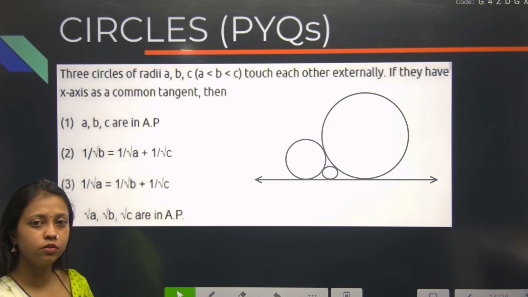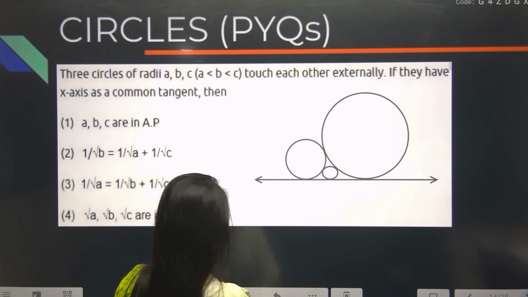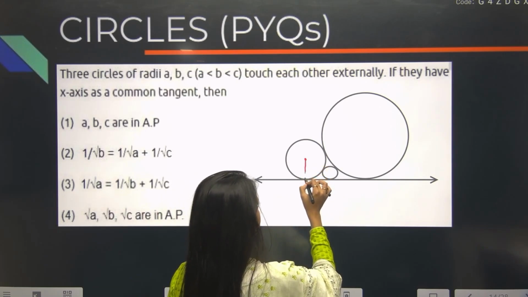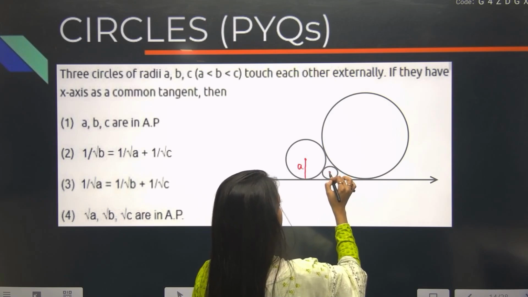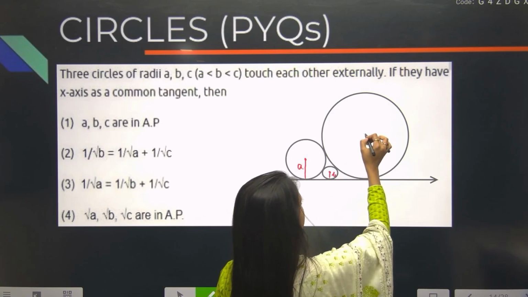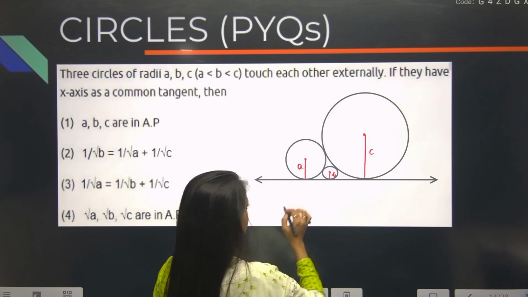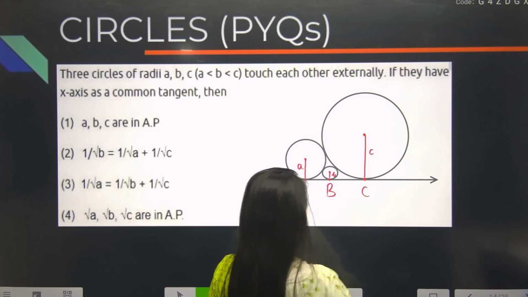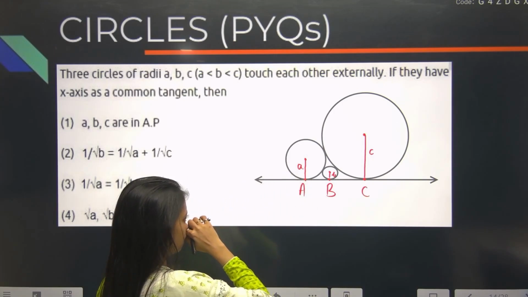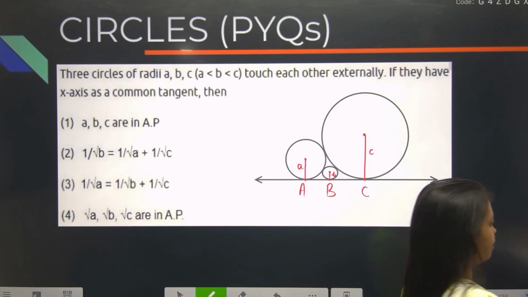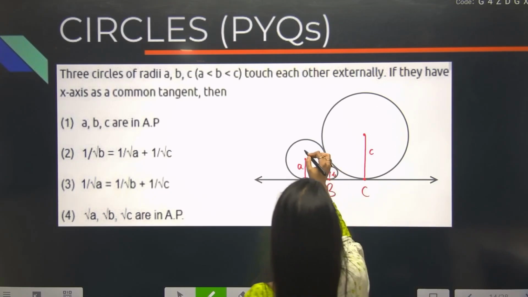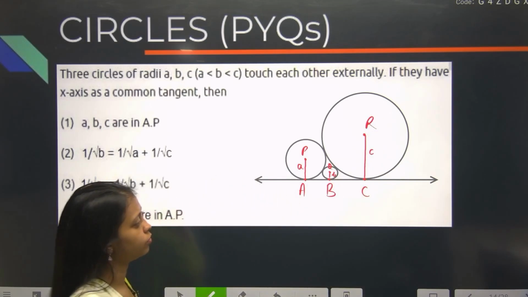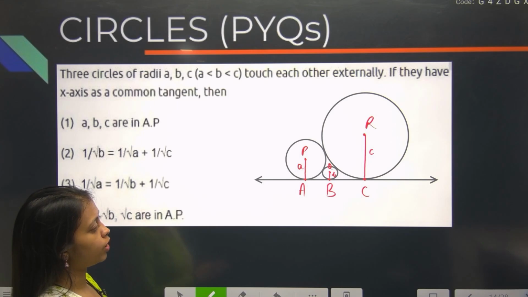These are the 3 circles. Okay, to be clear with this, if I take from the center, the radius is A, so this is A, this is B, and this is C. Let me take these points also as capital A, B, and C, and let their centers be P, Q, and R. So what can we do?